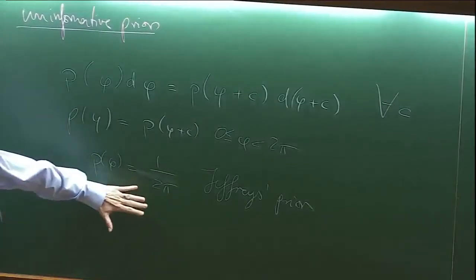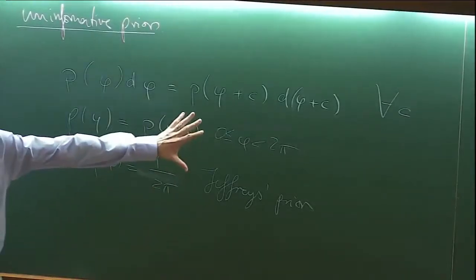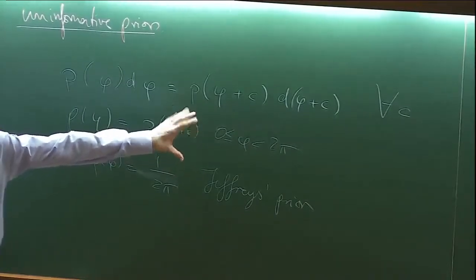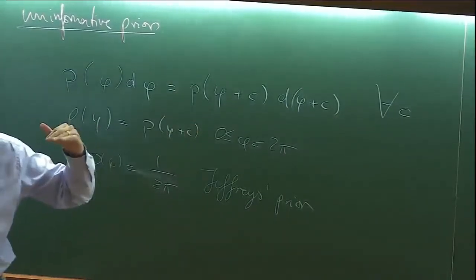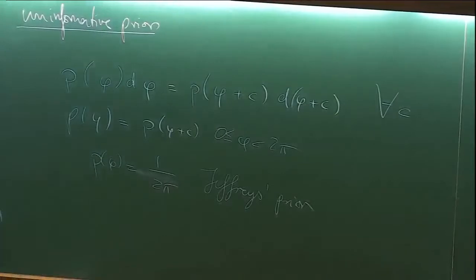This works very well if the group manifold of this transformation that leaves your state of mind invariant is bounded. Now, if you want to ask what complete ignorance about location is, if you take the real line as all possible locations, that group manifold of translations on the real line is unbounded.